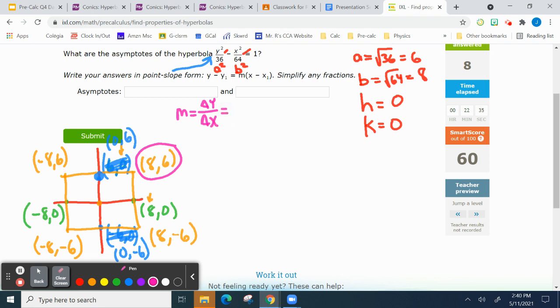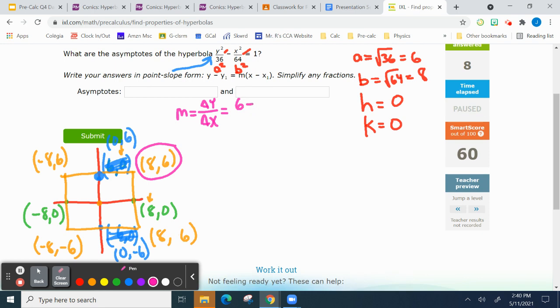The change in y is 6 minus, that's our y2. And for our y1, I'm going to use 0, comma 0 because that's easy. And you do not have to pick hard things when you're doing your own equations. Just pick the easiest things you can. That's going to be 6 over 8.